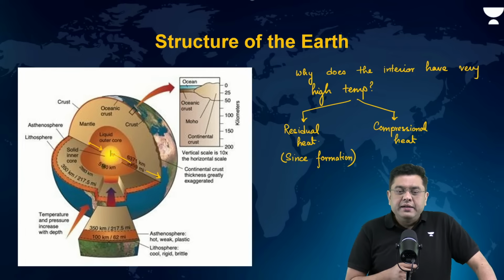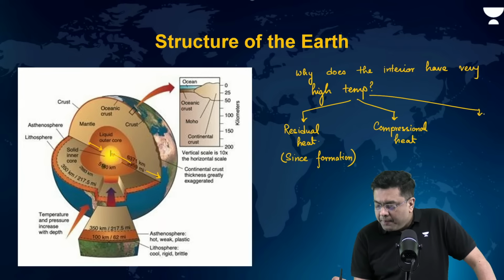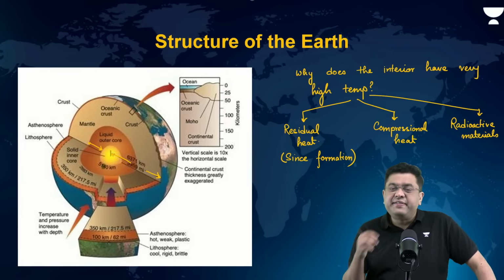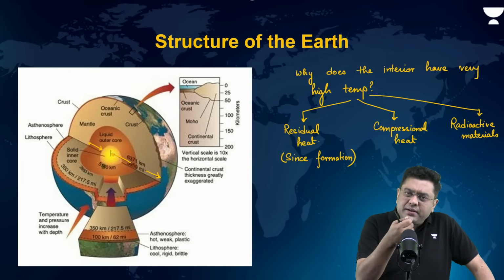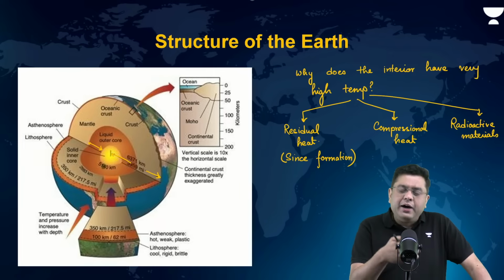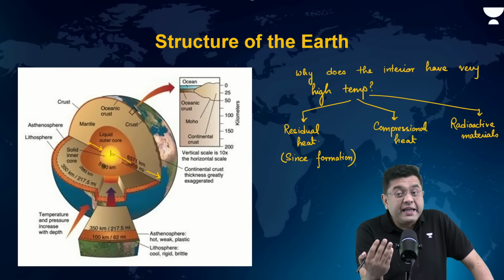Okay. Now, then after that, the third factor is presence of radioactive materials like uranium, etc. These materials get decomposed, they break down, they undergo reactions, and as a consequence, they generate heat.